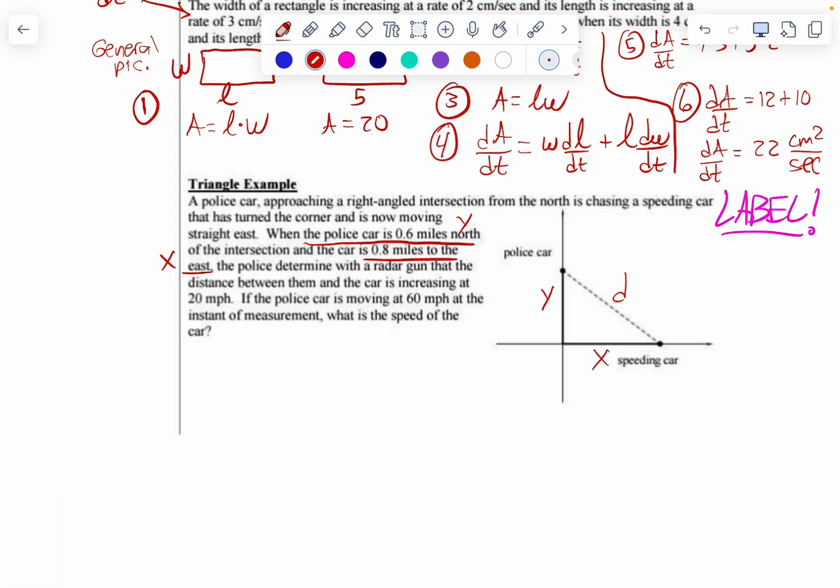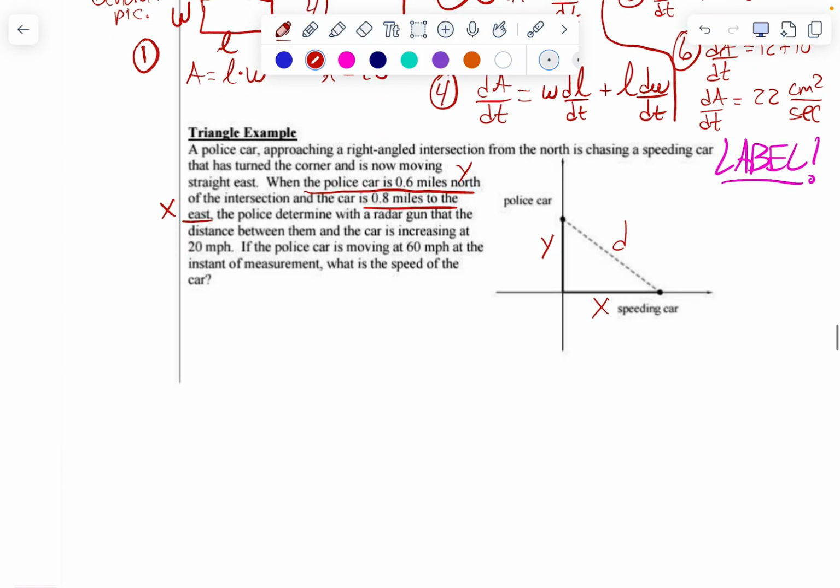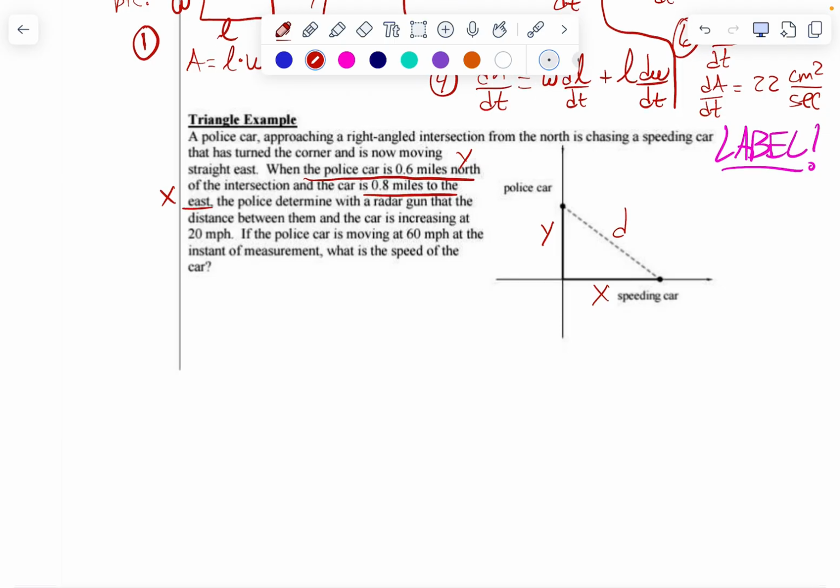It says the police determine with a radar gun that the distance between them and the car is increasing at a rate of 20 miles per hour. So what is the 20? dD/dt, the change in distance with respect to time. If the police car is moving at 60, what is that? dY/dt. What is the speed of the car?